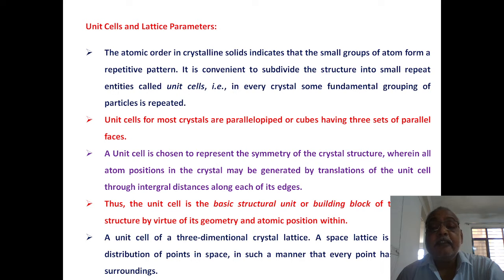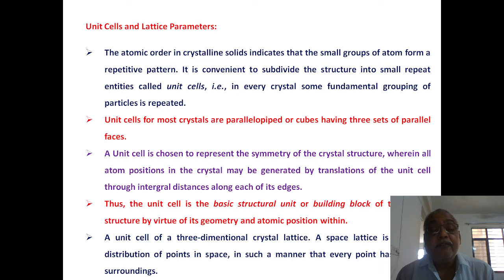It is convenient to subdivide the structure into small repeating entities, that is, unit cells. In every crystal, some fundamental grouping of the particles is repeated. That means the small portion which is continuously and periodically repeating will be called the unit cell, and a group of unit cells makes your crystal.